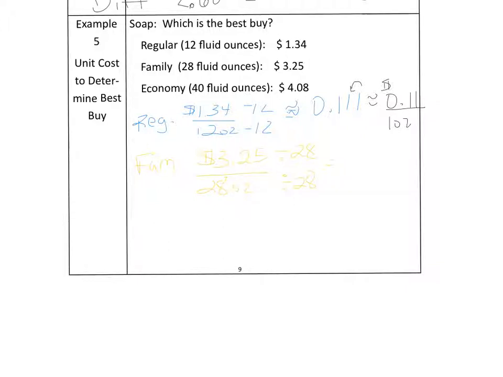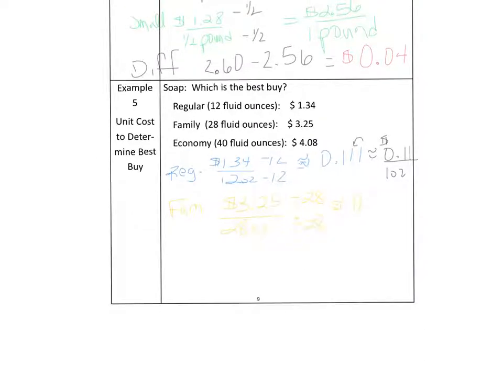And $3.25 divided by 28 is approximately, so squiggles for approximately, 0.116. So we say that 6 makes the 1 go up, so it becomes approximately 12 cents for 1 ounce.